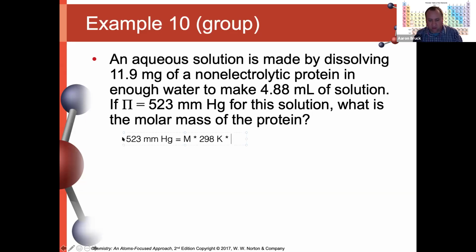And since we're in millimeters of mercury, we're going to use 62.36 liters times millimeters of mercury divided by moles times Kelvin.